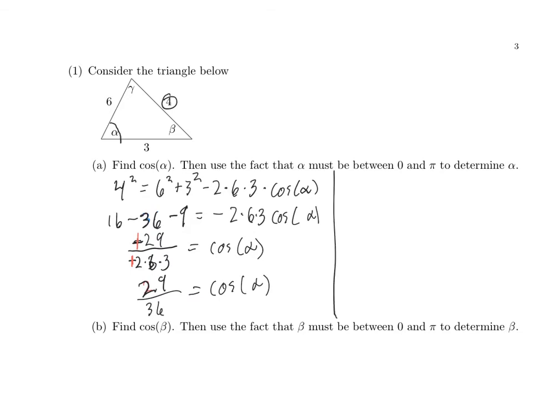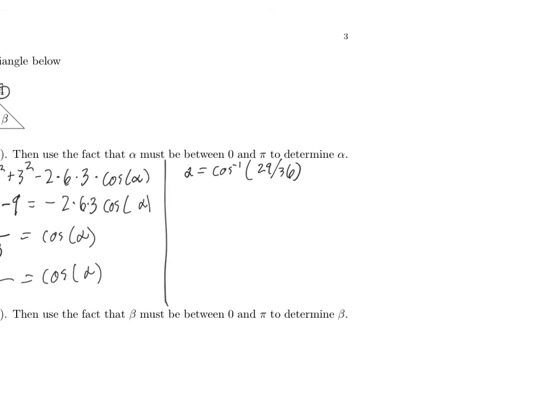And I know that the angle that I want is going to be between 0 and pi. And that's exactly the range of inverse cosine. So alpha is the result of inverse trigonometry. Alpha is the inverse cosine of 29 over 36. And there's the exact answer. Let's find some decimal approximations.